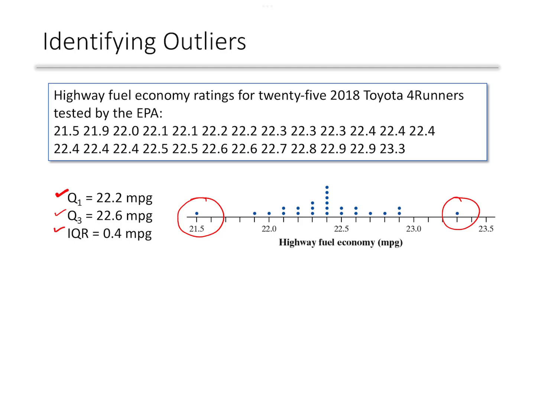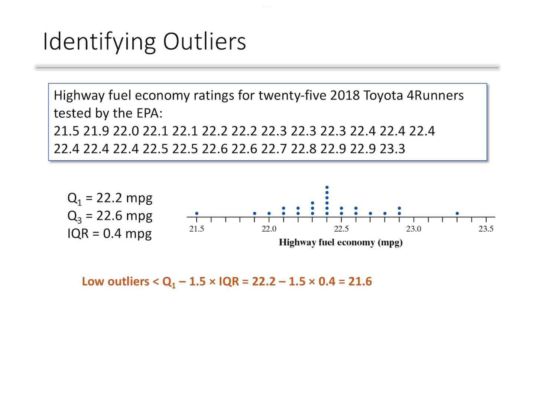So let's first look at low outliers. To be a low outlier, it has to be less than Q1 minus 1.5 times our IQR. That's 22.2 minus 1.5 times 0.4, which gives 21.6. So our 21.5 is less than 21.6, so it is an outlier.